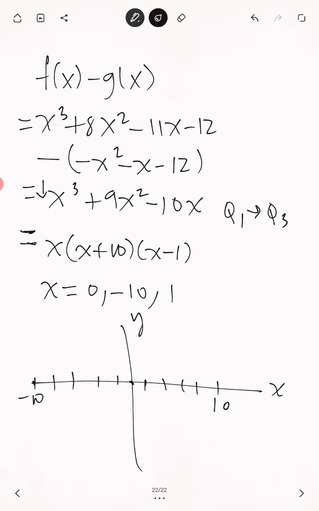Positive leading coefficient and behavior Q1 to Q3. I'm going to try and do this smoothly, but it's like being on a skating rink. Okay, yeah, there we go. Not so bad. Okay, so this is the sketch of my combined difference function.